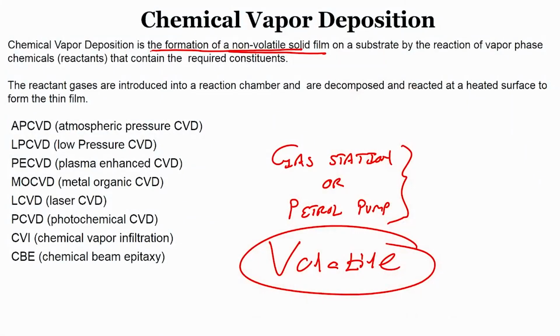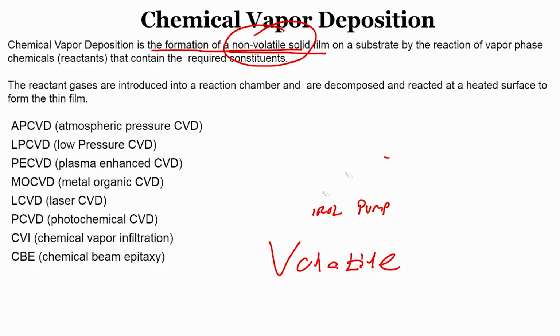All of these are volatile, they will evaporate, they will be vaporized at room temperature, alright. So, when we talk about chemical vapor deposition, what is written? Chemical vapor deposition is a formation of non-volatile solid film, that means it is not volatile, once it is deposited it will stay, that is non-volatile, alright. So, I was just showing you the difference between volatile and non-volatile.